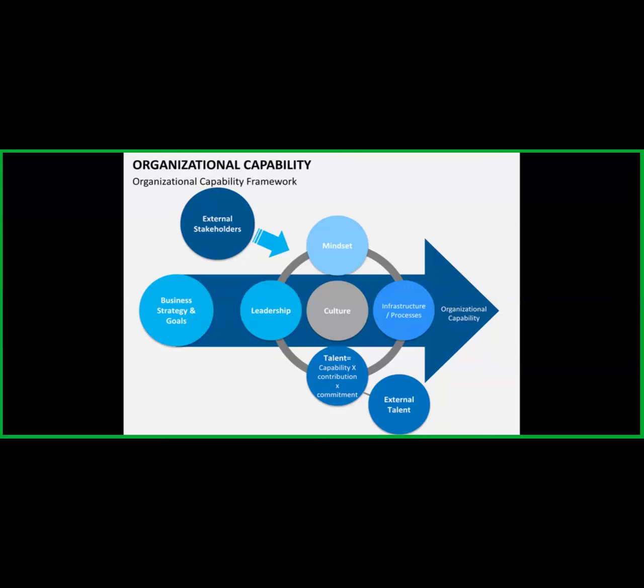What is the OCP? Organization Capability Framework. Sorry, it is not profile framework, it is capability framework. We are checking what the capability of the organization is. On one hand, we are checking the mindset, then leadership, then infrastructure, and on the other hand, we will be checking what talent the company has, because talent is very important.